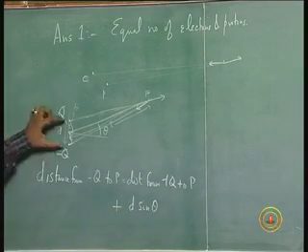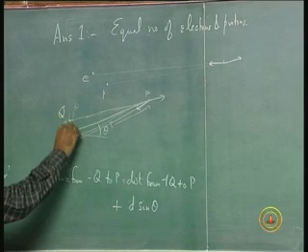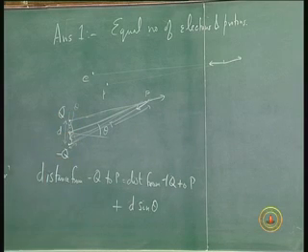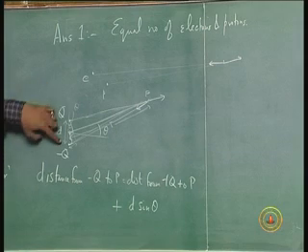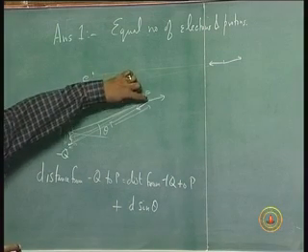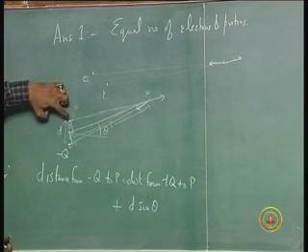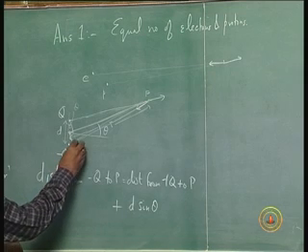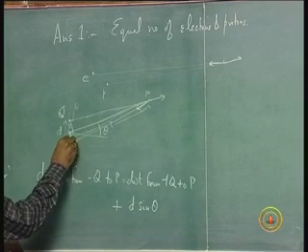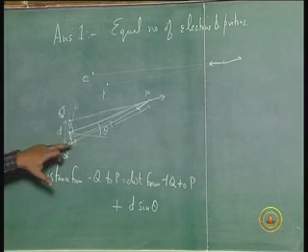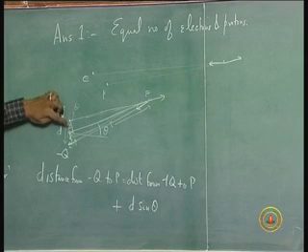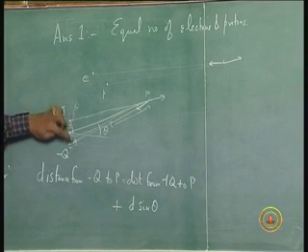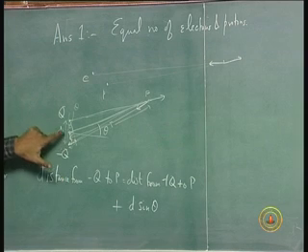The total distance is d. So, the distance from minus q to this point P is the distance from q to this point plus this extra distance, and this extra distance is nothing but this d sin theta. Sine is nothing but the opposite side over the hypotenuse.